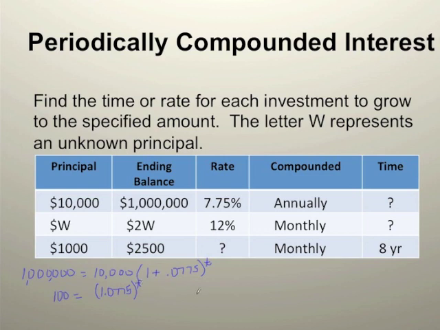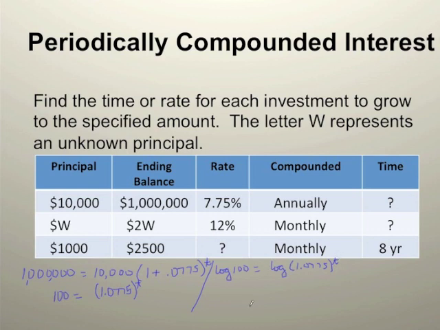If I take the log of each side, the log of 100 equals the log of 1.0775 to the t.